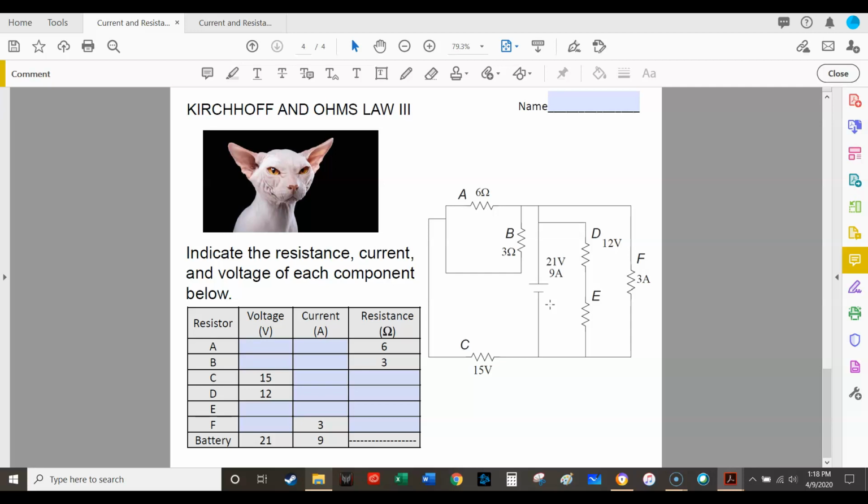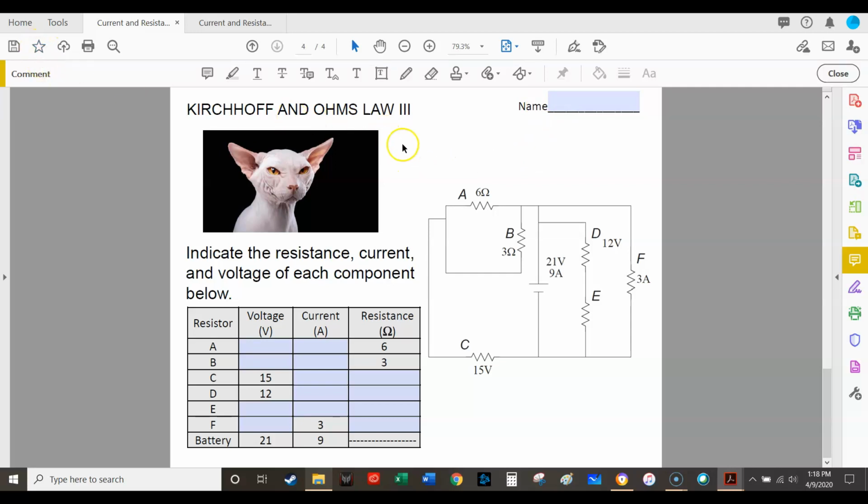And that lets you know what's in parallel with what. If the current splits, that means it's in parallel with whatever the other current is. So go ahead and follow those currents around and try to do your best to fill in these parts. Good luck. Hit pause, actually, and try this yourself.